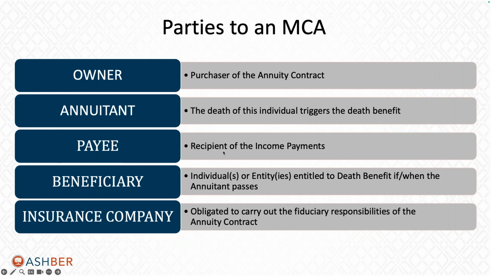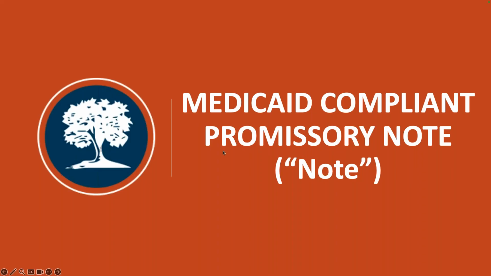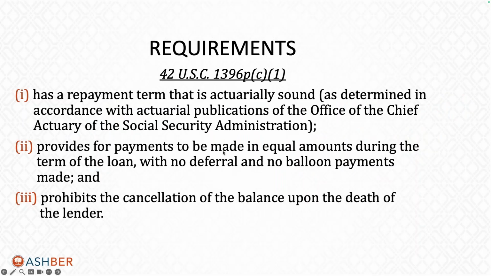And lastly, the insurance company, as I mentioned, is the obligated party that is required to carry out the fiduciary responsibilities of the annuity contract. All right, so getting into the Medicaid compliant promissory note: we talked about the annuity and crisis planning. Now we'll talk about the note briefly before we get into the cost analysis of this presentation.